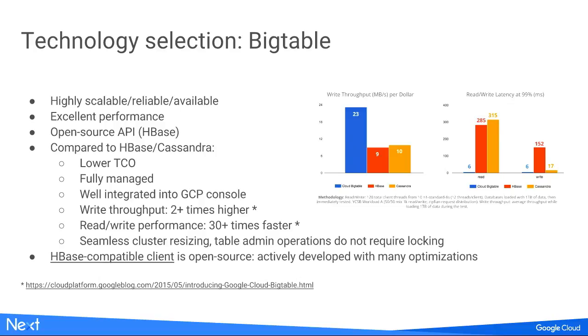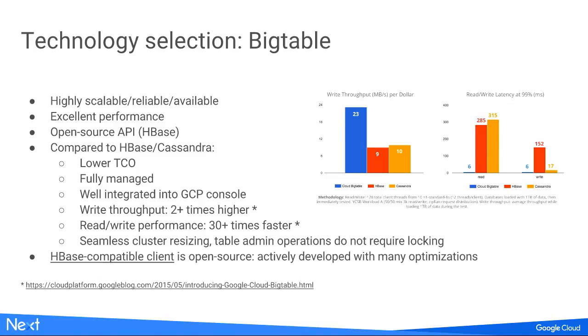So HBase was modeled after Bigtable, and the ideas that Apache HBase utilizes are the ones that were introduced by Bigtable, and it's very nice that Google chose to implement the Java client as a fully compatible HBase client. So you can write code against Bigtable as you would write it against HBase.